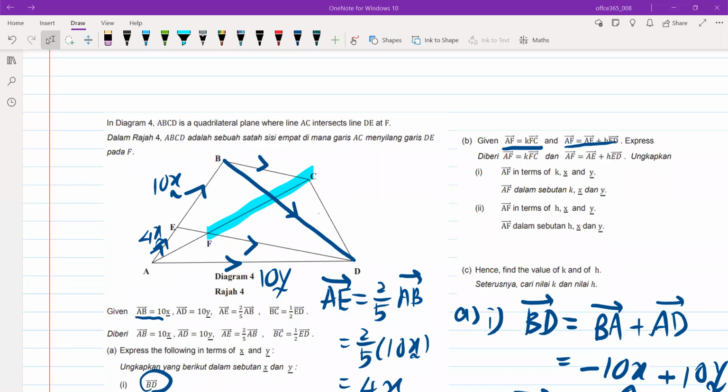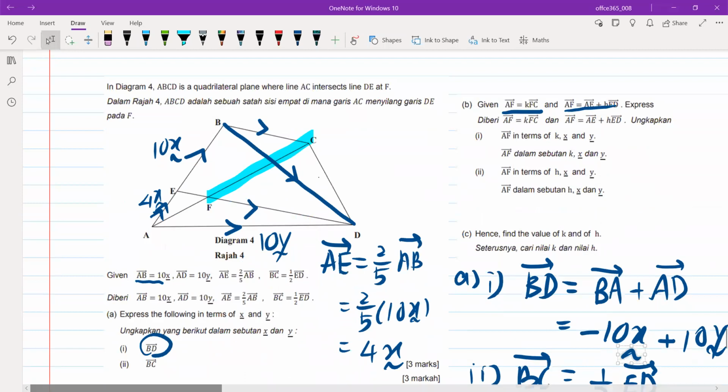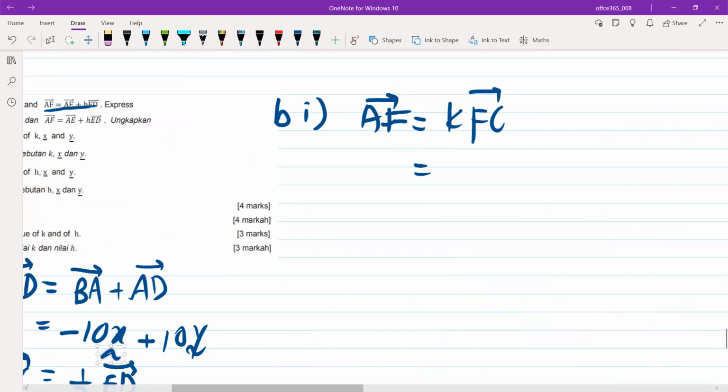The reason is this. So for AF, can you find AC? Step by step, link it. If you don't link, then you cannot do it. You can find AC first.